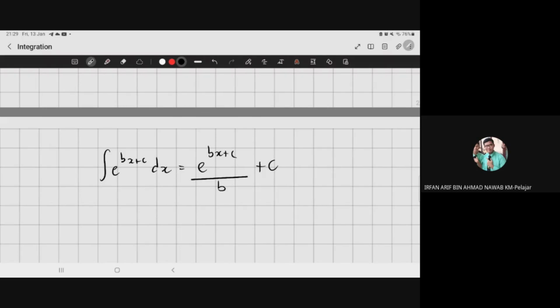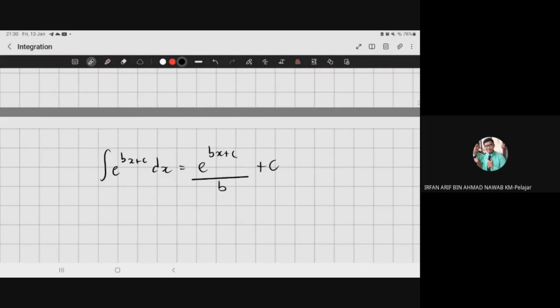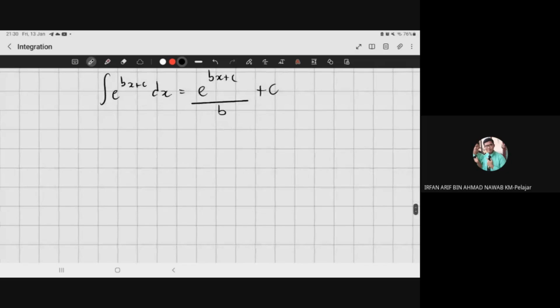If you want to memorize this, no problem, because we have a similar formula: the integral of a to the power of bx plus c dx is equal to a to the power of bx plus c over ln a times b. Okay, ln a times b.